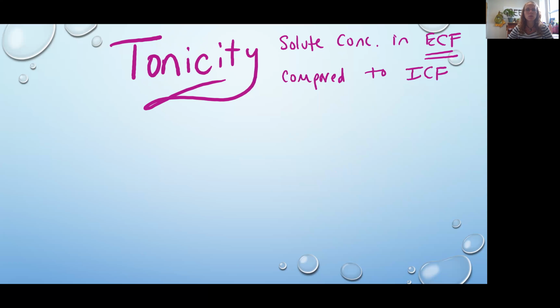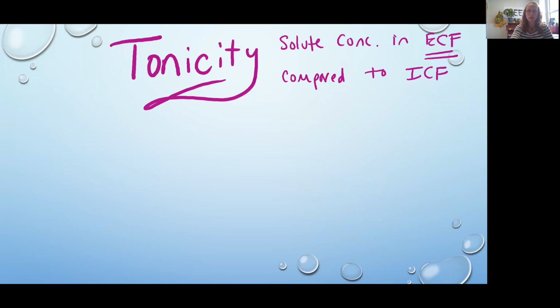So every time we're using a tonicity term, we are describing the solute in the ECF compared to the solute in the ICF. So we're interested in which direction water moves, but our terms are defining the solute concentrations.